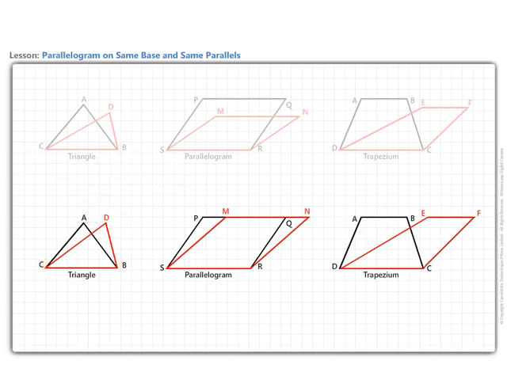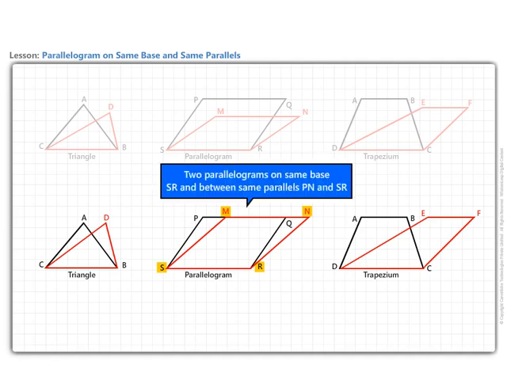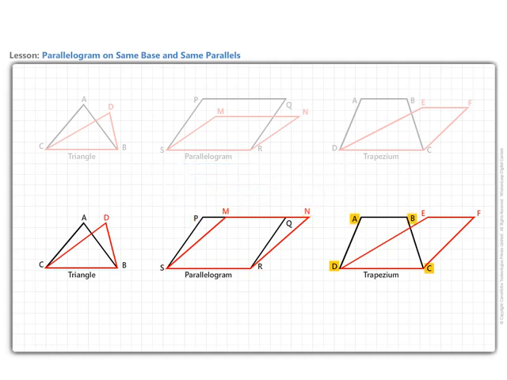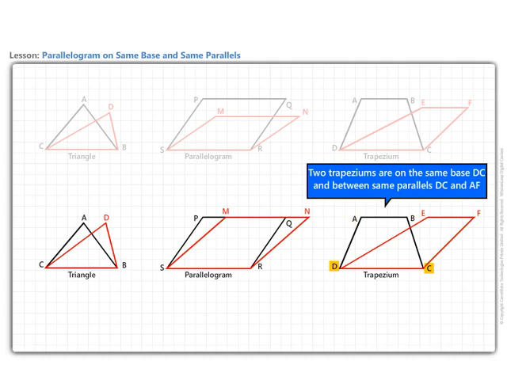Similarly, the two parallelograms PQRS and SMNR are on the same base SR and between the same parallels SR and PN. And trapeziums ABCD and DEFC are on the same base DC and between the same parallels DC and AF.